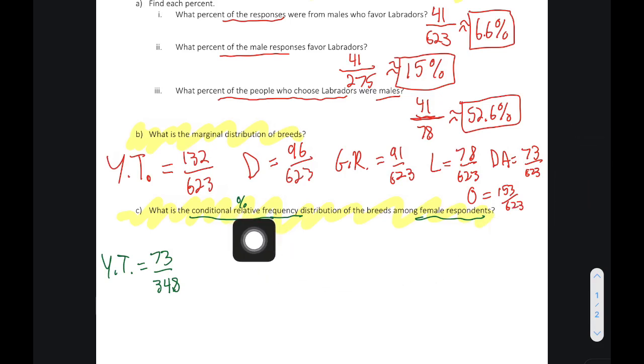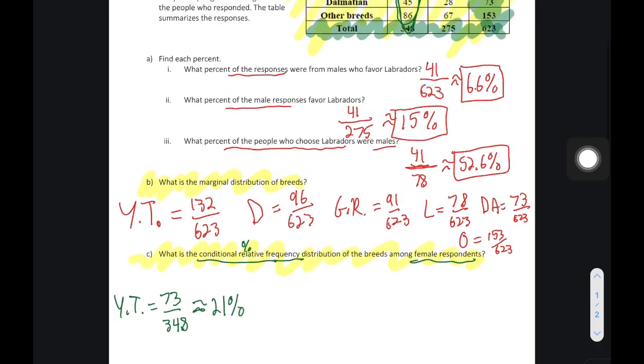But because the question did say relative frequency, remember relative means to find the percent. So we just have to take this one step further and figure out that this is about 21%. So about 21% of the female respondents preferred Yorkshire Terrier.